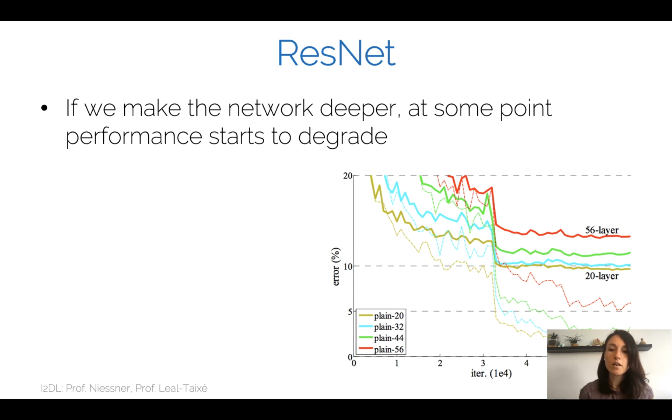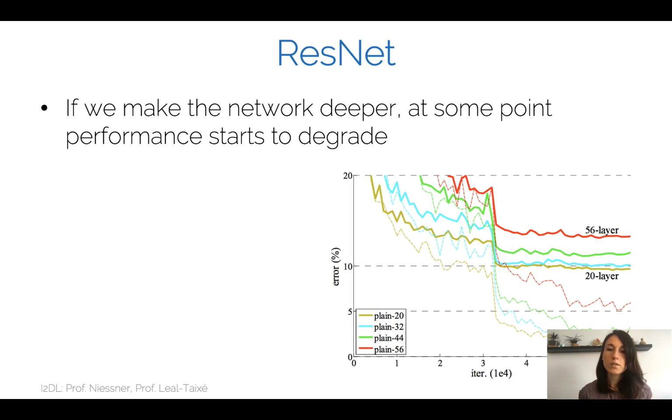Another thing that we can observe is that with a 20-layer plain net, we have a lower error than with a 32-layer plain net, or with a 44-layer plain net, or with a 56-layer plain net. So this is already odd, right?